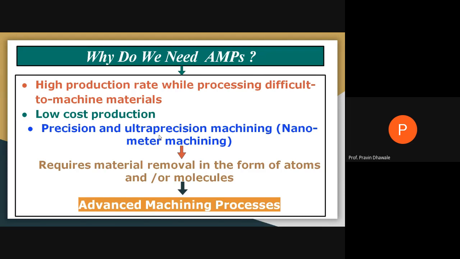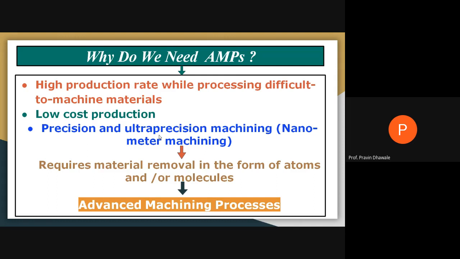In such processes, we again go for the advanced manufacturing process, machining process, low cost production, precision and ultra precision machining or nanometer machining. For such cases of machining processes, we require advanced machining process.